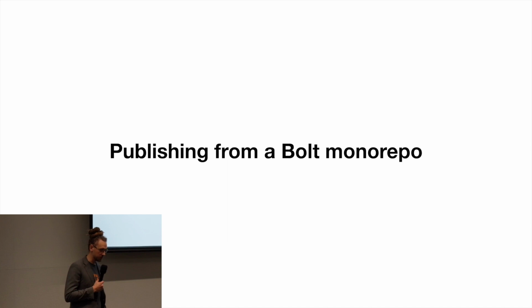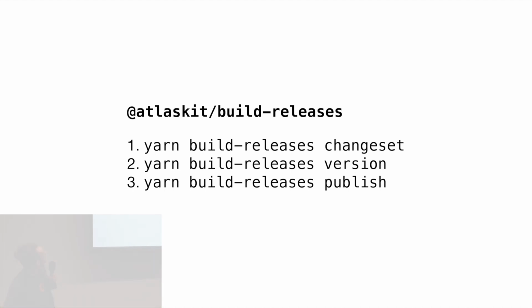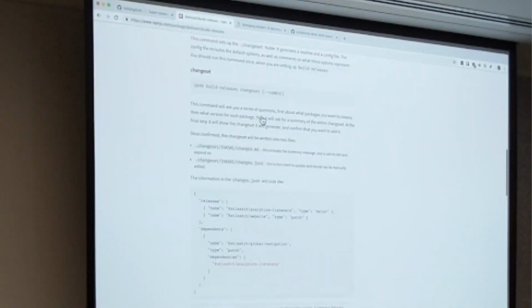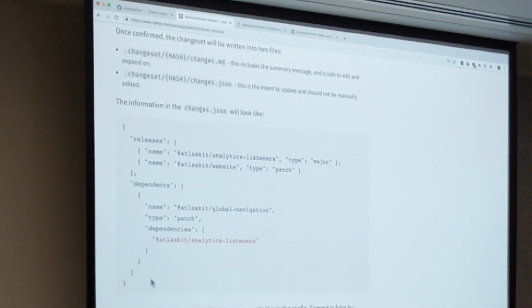Thankfully, Ben Conolly, who is currently working at Thinkmill on an Atlassian project, has built an excellent tool called Build Releases under the Atlaskit namespace. Build Releases is a tool that's designed specifically to work with Bolt, and it provides this three-step workflow for you where you create a changeset.